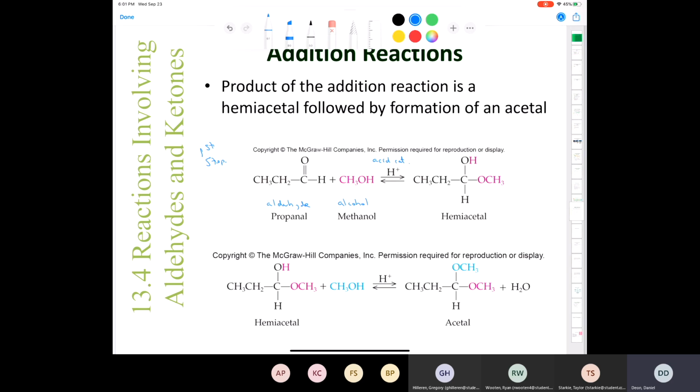What happens? I ended up breaking the pi bond, one of those bonds in the double bond. The hydrogen went onto the oxygen, and the CH3O went onto the carbon. Don't believe me? Look at the hemiacetal. I promise you that's exactly what happened. So we ended up forming a hemiacetal. We did not form any water.